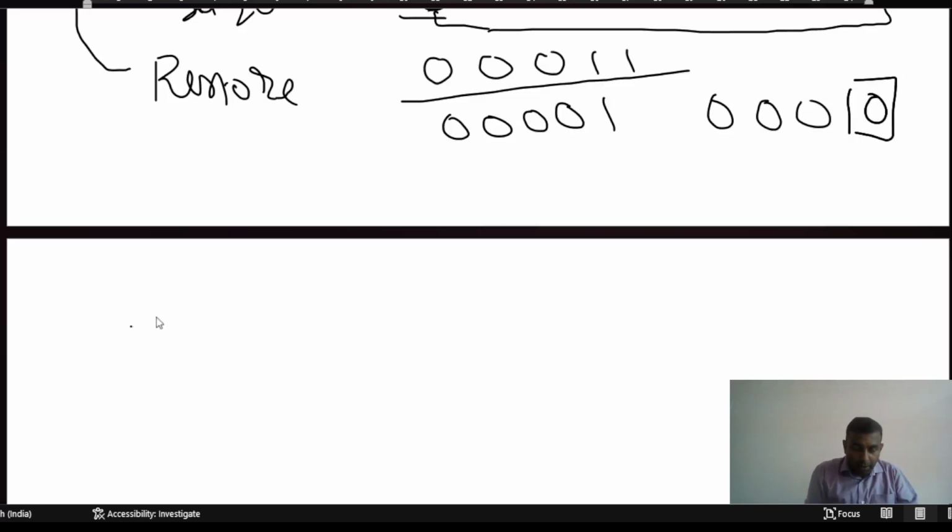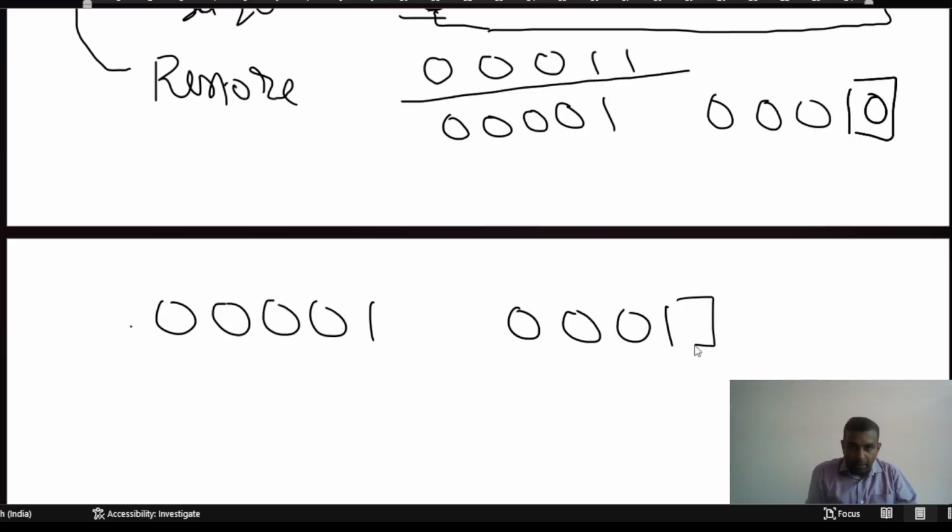First, we will copy the result of cycle 1. That is 4 times zeros, 1. Then again 3 times 0 and in square bracket, 0. Okay, so this is the result of cycle 1.